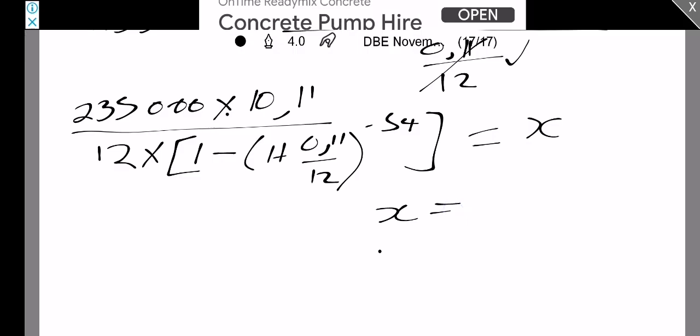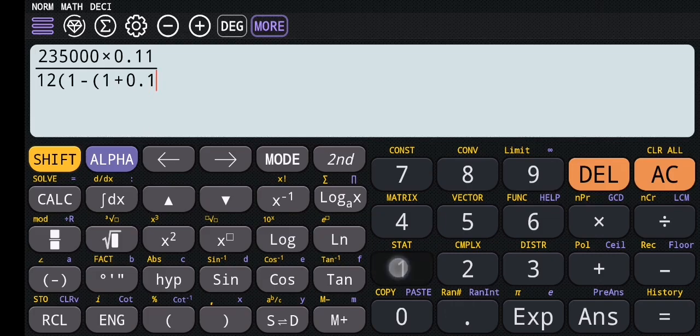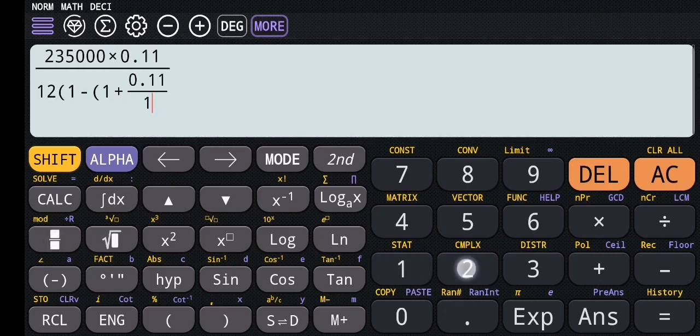Therefore x equals, let's punch that in, 235,000 multiplied by 0.11 all over 12, divided by 1 minus 1 plus 0.11 over 12 raised to negative 54.